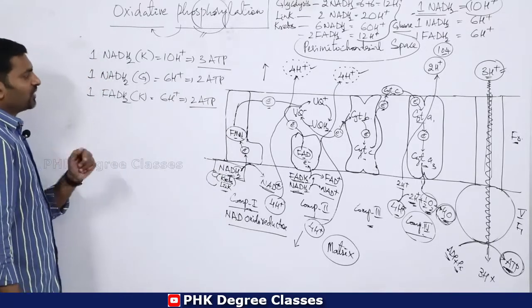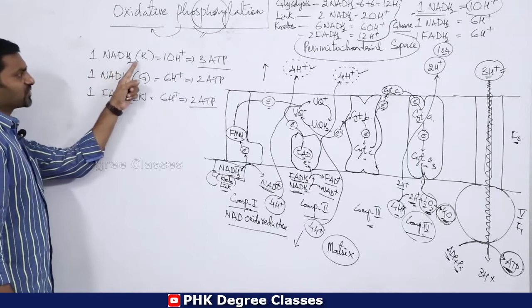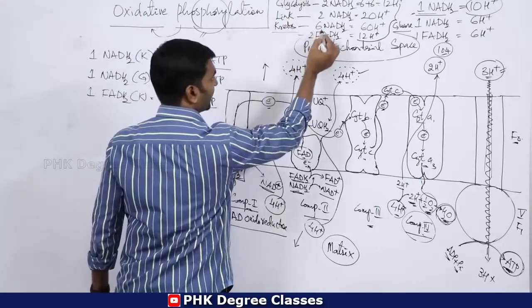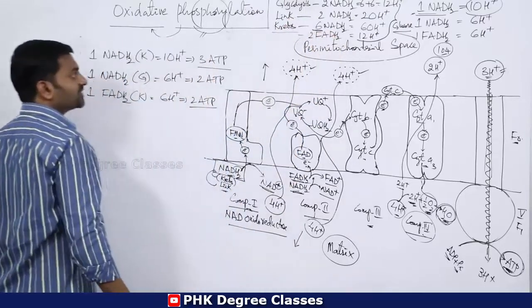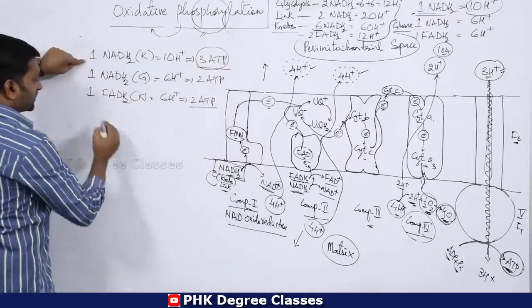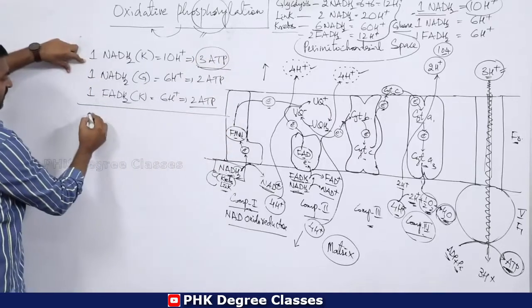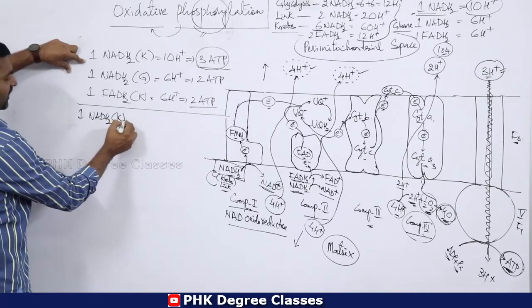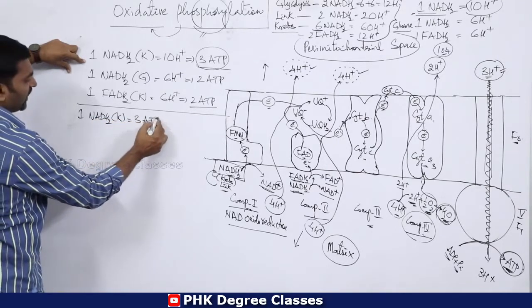Then come to one FADH2 of the Krebs cycle. Here also it is equivalent to 6 protons, hence there is a formation of 2 ATPs. Now the total number of NADH2 formed during the Krebs cycle is 6. One NADH2 of the Krebs cycle is equal to 3 ATPs.